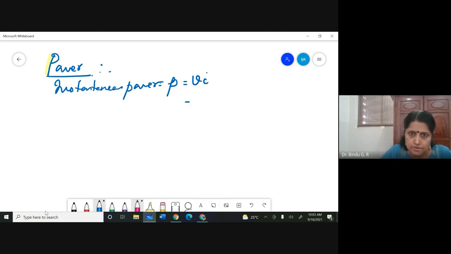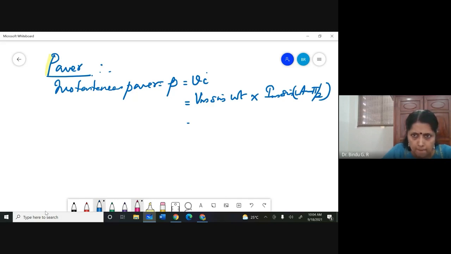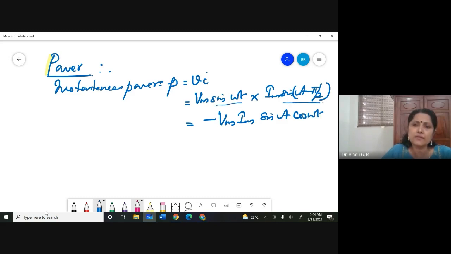So that is equal to Vm sin omega t into Im sin (omega t minus pi by 2), or minus Vm Im sin omega t cos omega t. You should know how to convert this, or minus Vm Im by 2 sin 2 omega t.